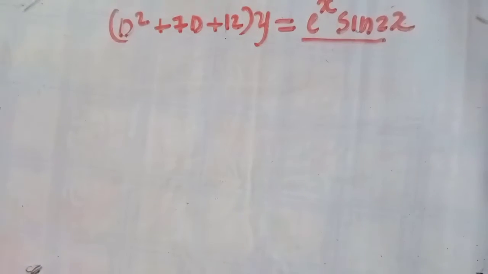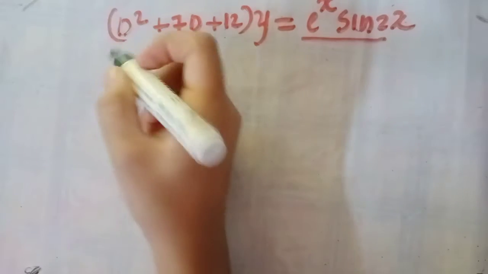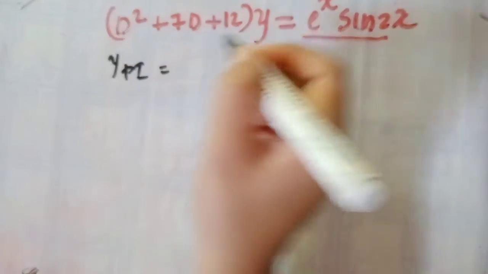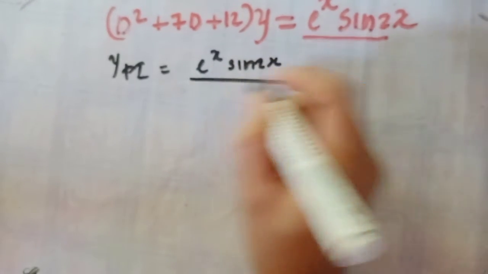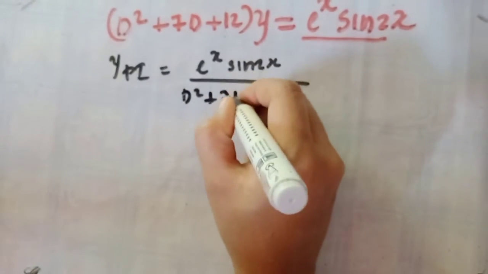The right hand side is e raised to ax into f of x, where a is 1 and f of x is sine 2x. This is a non-homogeneous equation, and the solution is the sum of the complementary function and the particular integral, so we have to find only the particular integral. So y particular integral is e raised to x sine 2x divided by D square plus 7D plus 12.